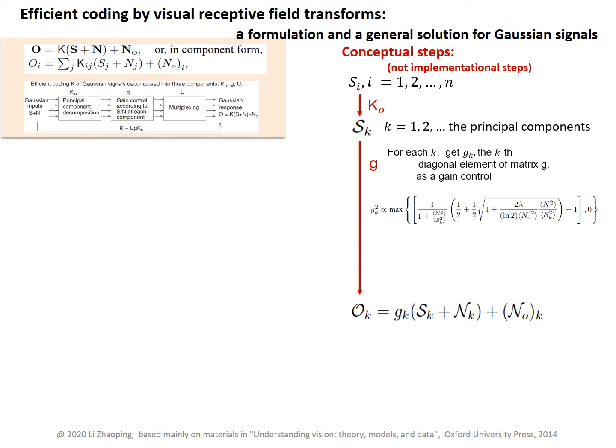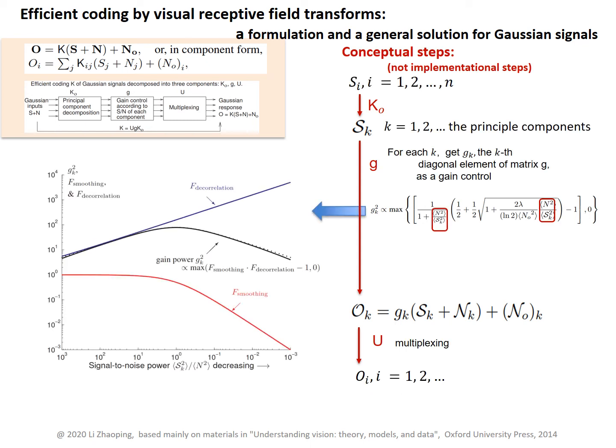This GK is the diagonal elements of the diagonal matrix G. The GK values are given by this complex looking formula, which I'll explain later. And the outcome is then this OK for each component K. Note that this GK value is completely determined by the signal to noise in each principal component. Finally, these OK for different Ks are mixed together by the U matrix to give the final neural output signal OI.